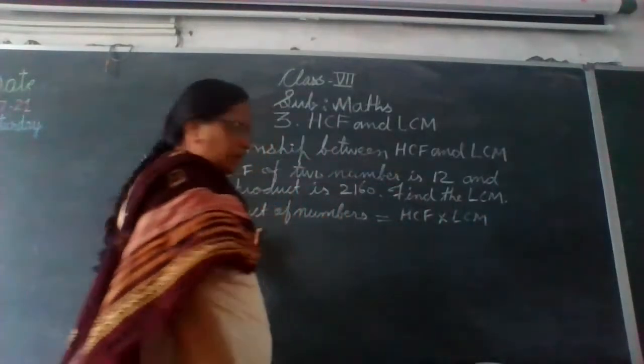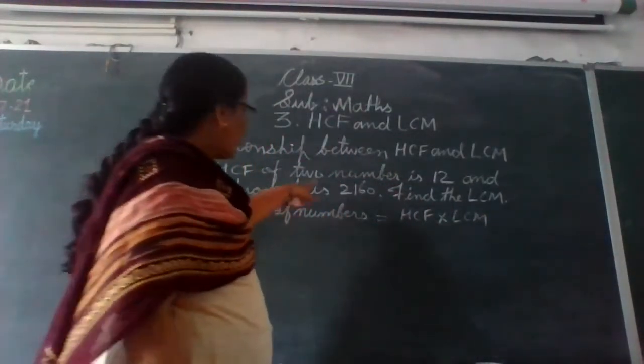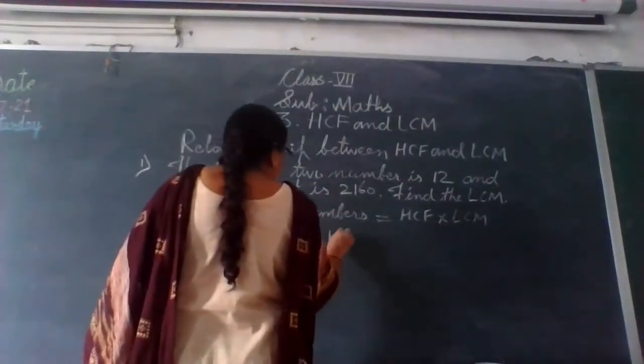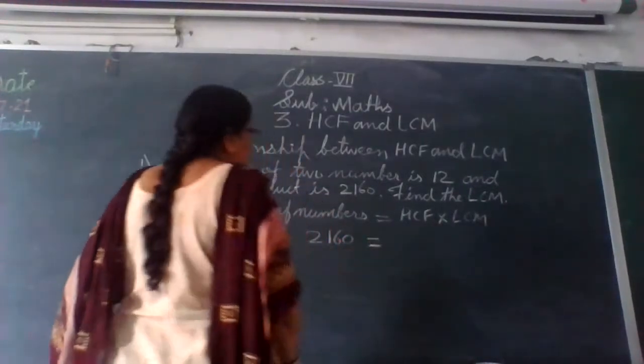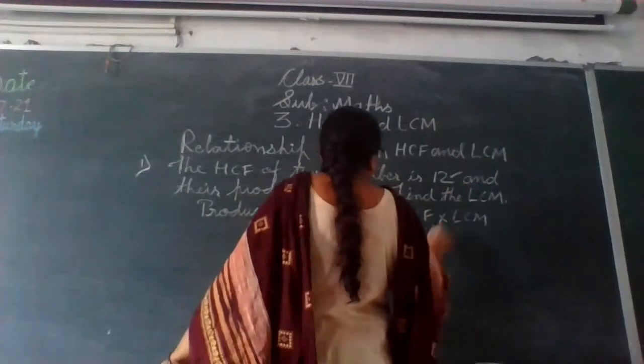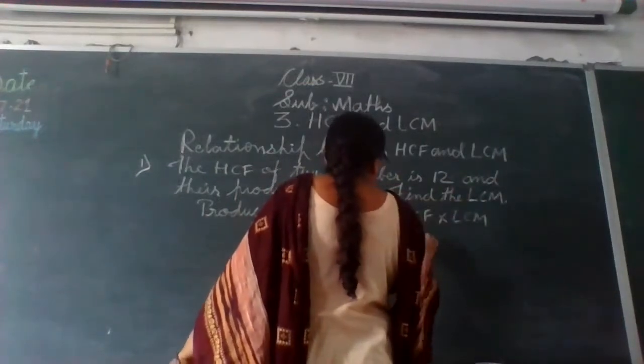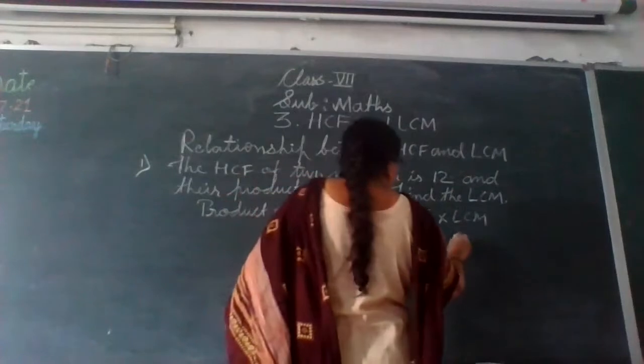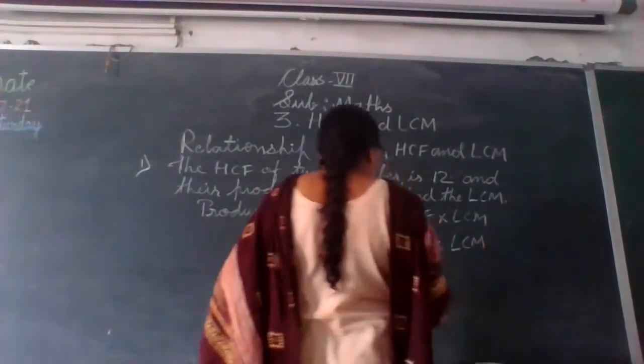See, the two numbers are not given, but their product is given. So here we will write 2160. And what is given, beta? HCF is given. So 12. And what to find? LCM. So write down LCM as it is.